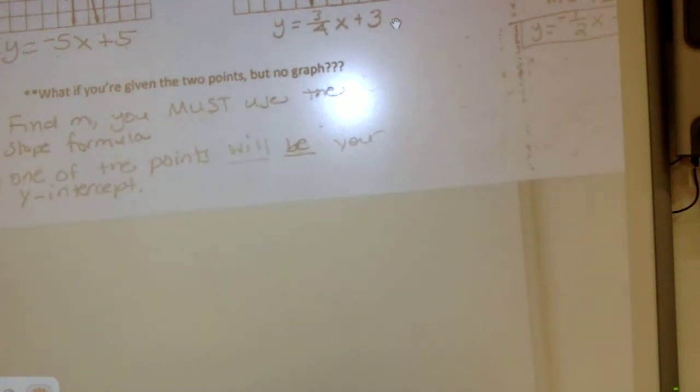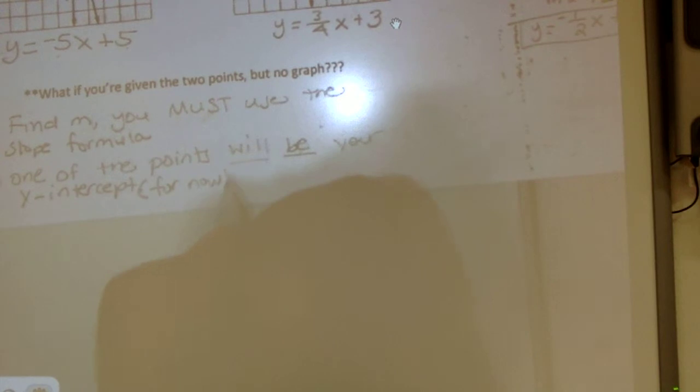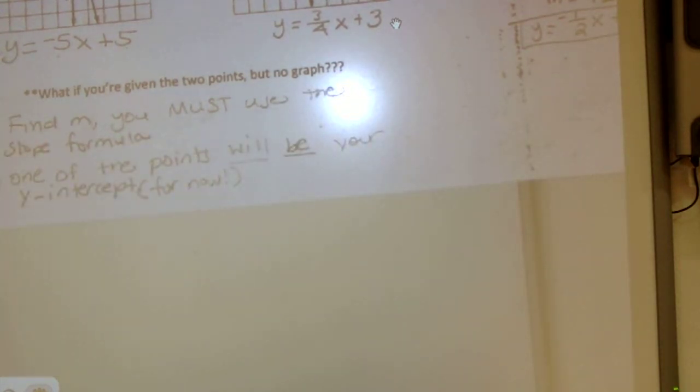And I'm going to say for now, because in a couple of weeks, when we get into second semester, you're not going to be given this option. You're going to have to solve for the y-intercept. But for now, one of the points will be your y-intercept. How will you know that? Because your y-intercept will always have your x as 0. And whatever that number is, that's your b.